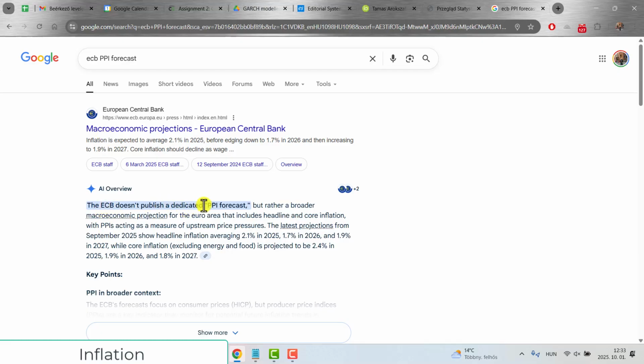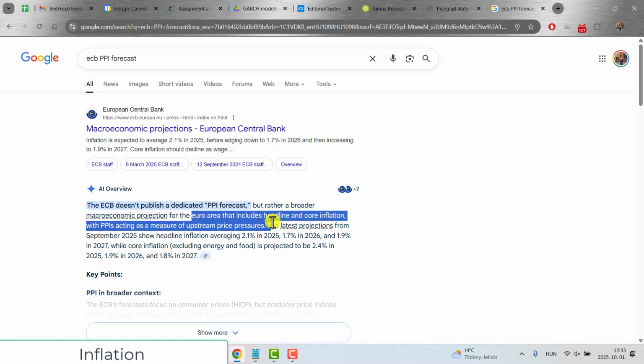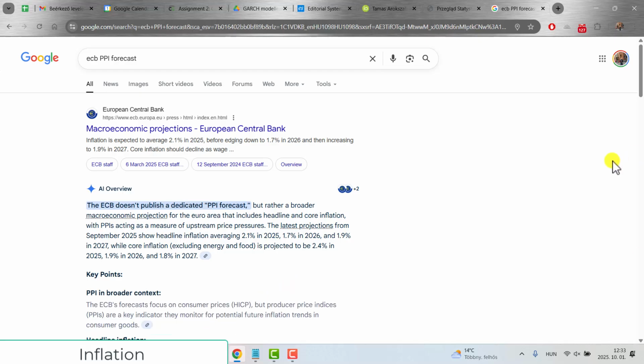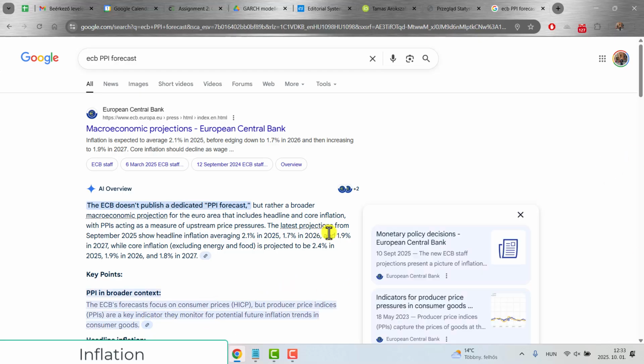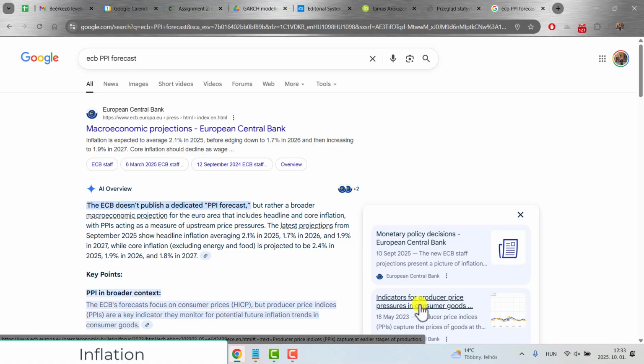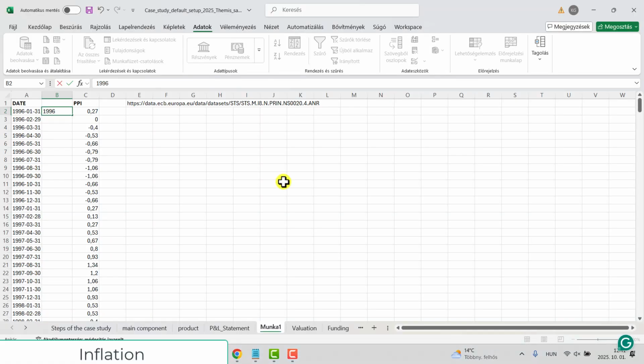ECB doesn't publish dedicated PPI forecast, but rather a broader macroeconomic projection for EU area. Headline core inflation, and so on.